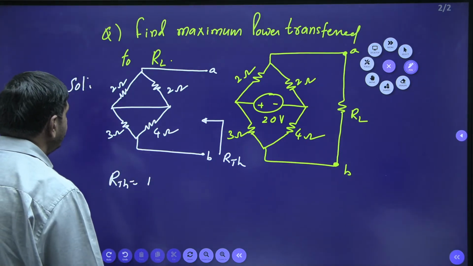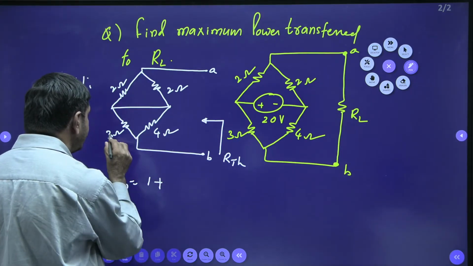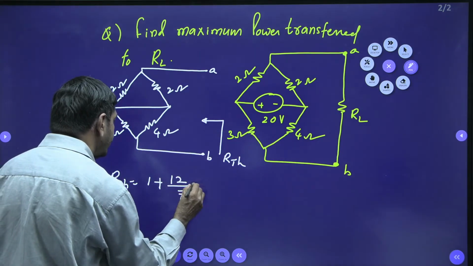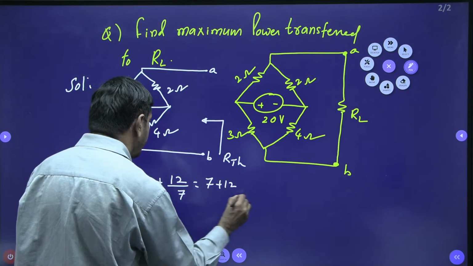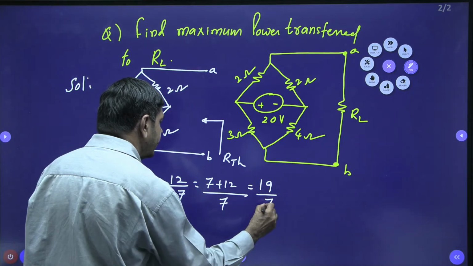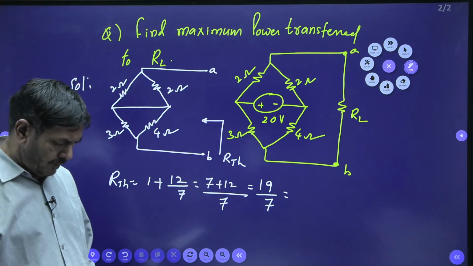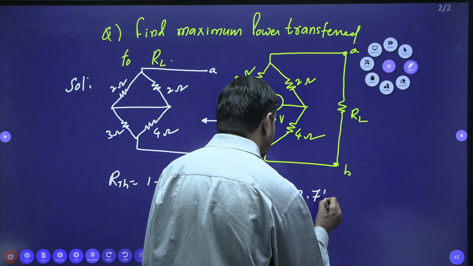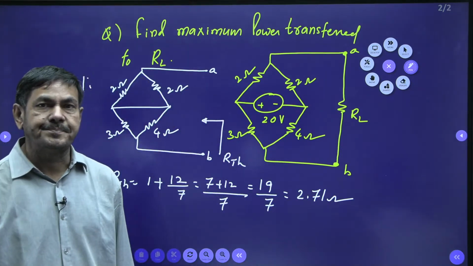Then these two are in parallel, 3 times 4 is 12 divided by 7. Finally in series, 1 plus 12 by 7, that is 19 by 7. 19 by 7 equals 2.71 ohms. This is the RTH value.